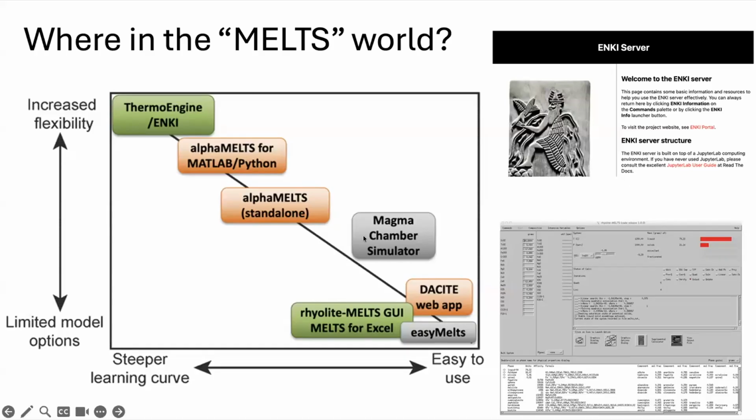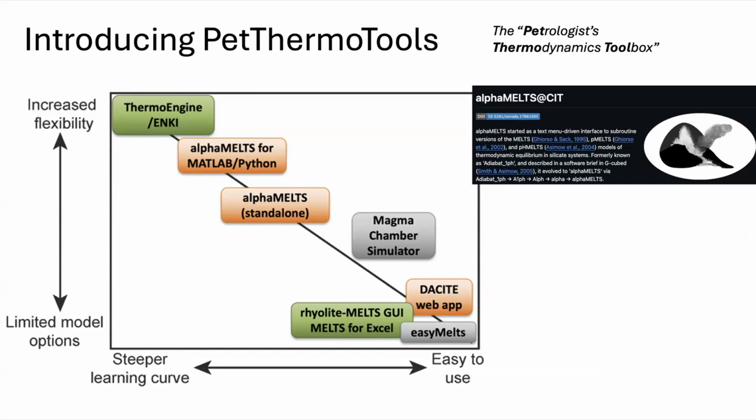And in the center here, up towards the top end as well, we have alphaMELTS and alphaMELTS for Python. alphaMELTS, I think, originally started as adiabat_1ph, a command line text-based interface for thermodynamic modeling with the MELTS thermodynamic models that was developed by Paul and Paula Antoshchina.